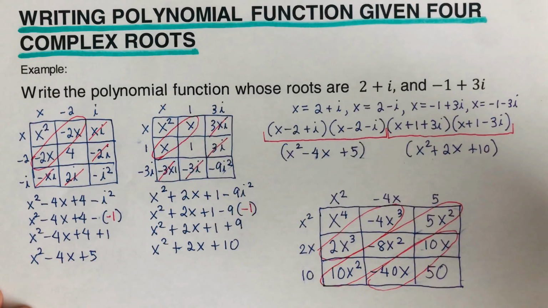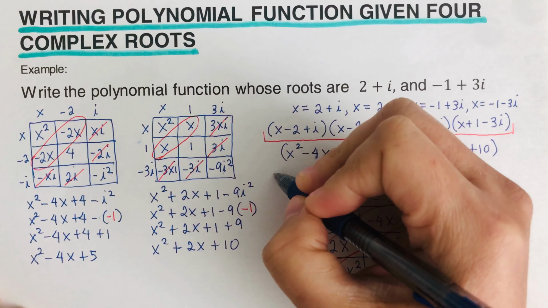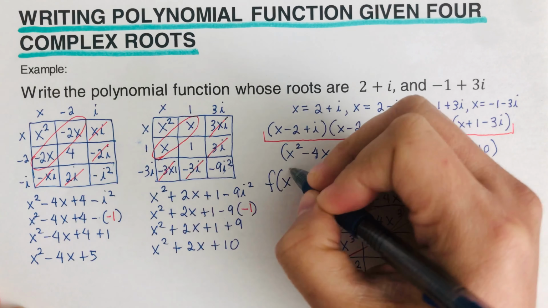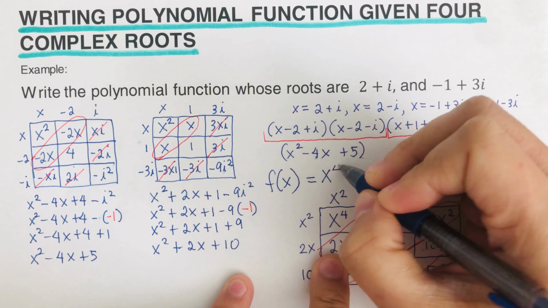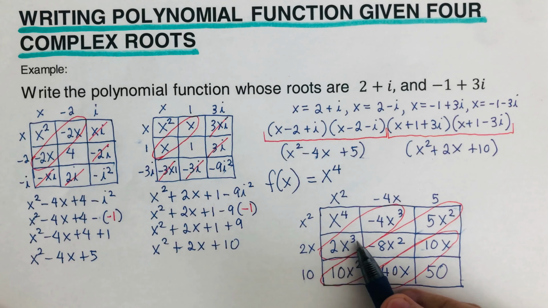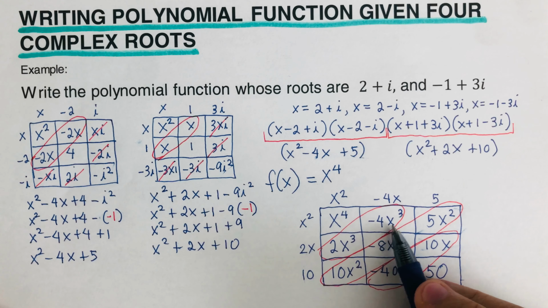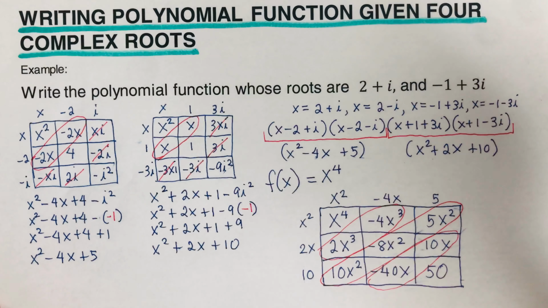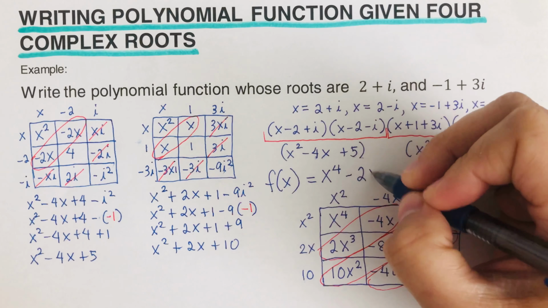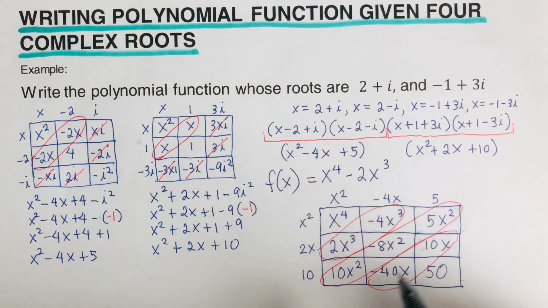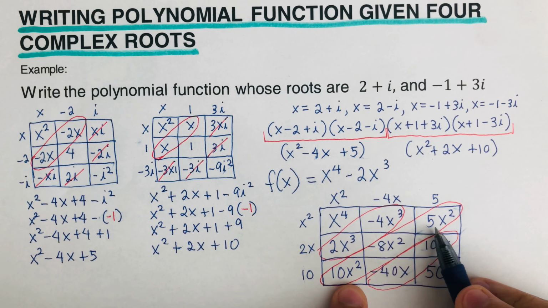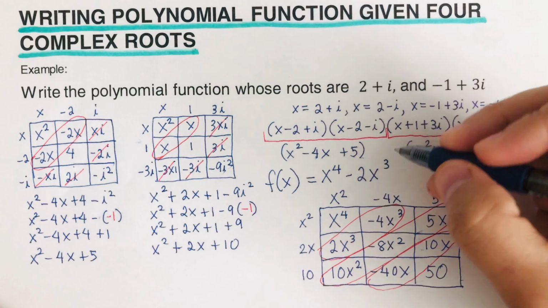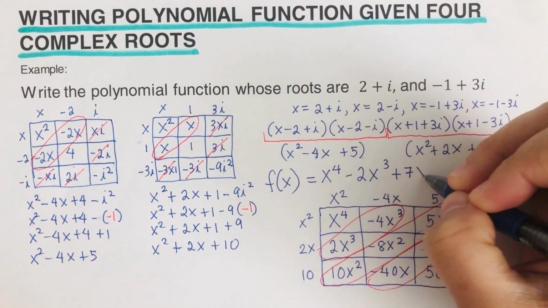So then we can go ahead and write the function here, or the polynomial function f of x would be equal to x to the 4th. And then we have 2x cubed plus negative 4x cubed, which is a negative 2x cubed. And then we have 10x squared minus 8x squared plus 5x squared, which is a positive 7x squared.